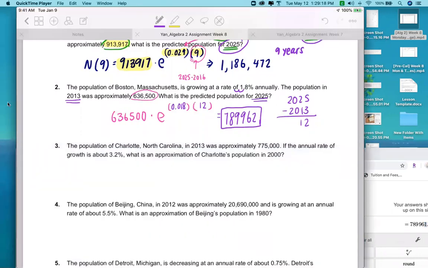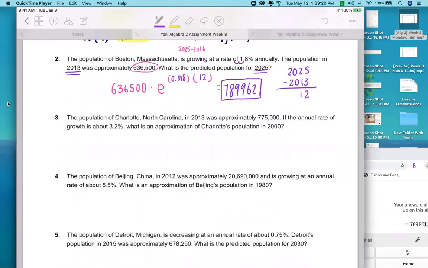So let's go ahead and do number 3 together. Number 3, you already have your initial amount and you have your rate. Remember, we change it. But look at this question. We are going from 2013, and they ask, what is an approximation of Charlotte's population in the year 2000?